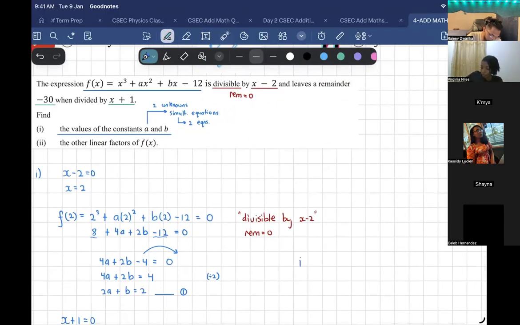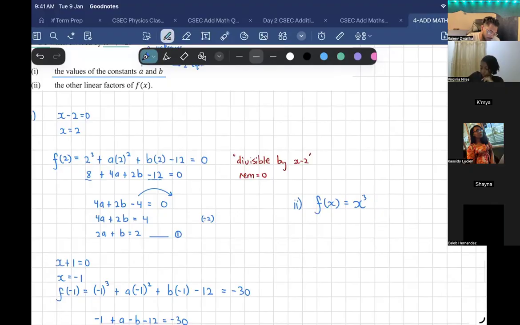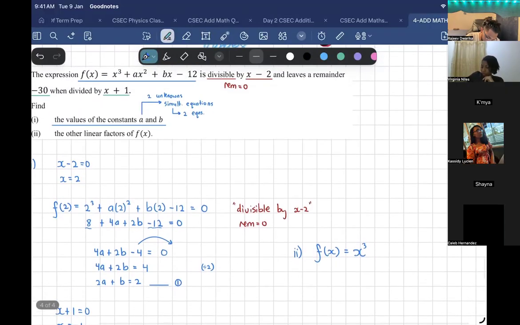So part 2. We're gonna write what f of x is, the full thing. So f of x is gonna be x cubed plus what? x cubed plus minus 5x squared, plus 12x minus 12.